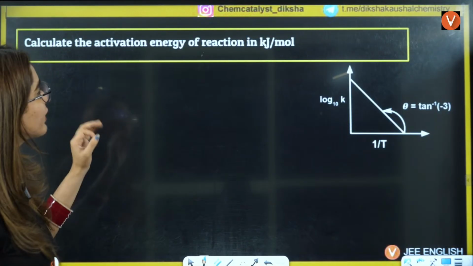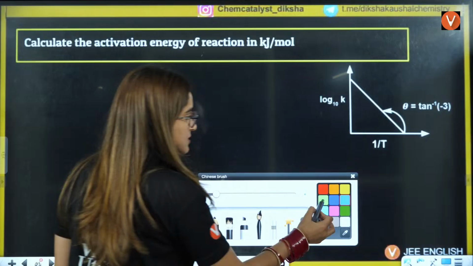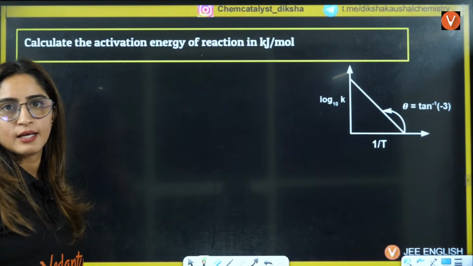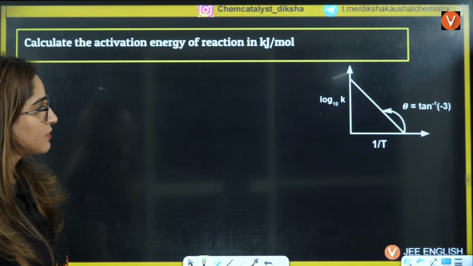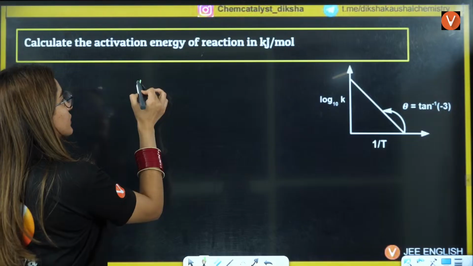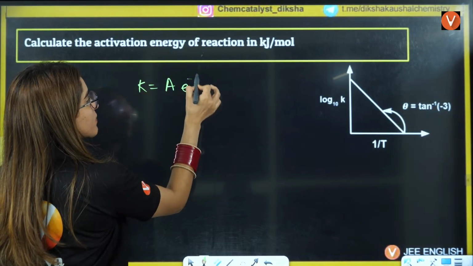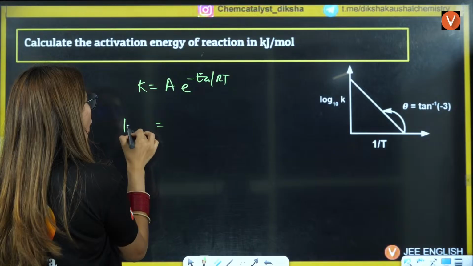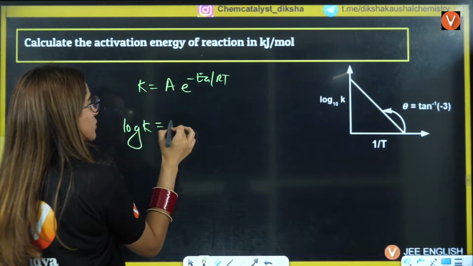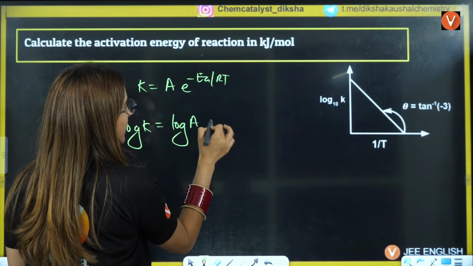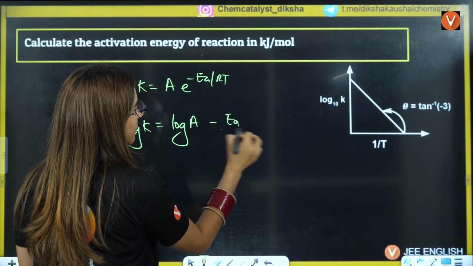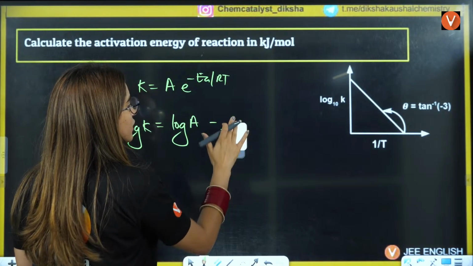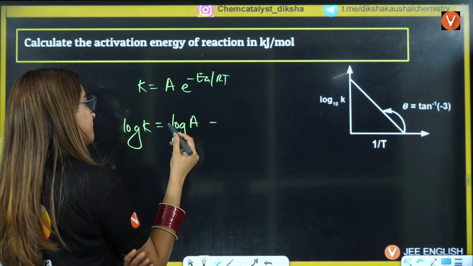Next is calculate the activation energy. See, we know that K is equal to A e raised to power minus Ea by RT. Then ln K is equal to ln A minus Ea by RT.